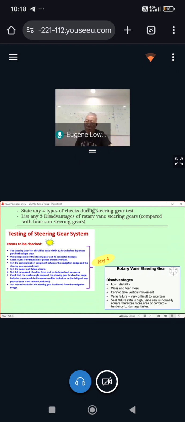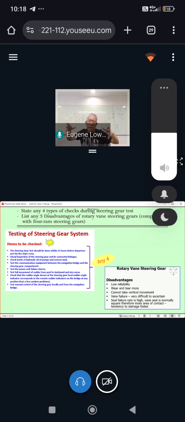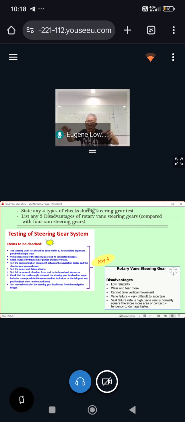And vertical movement, it comes from where? Basically, it comes from the flotation of the rudder, right? The rudder is actually floating. It's hollow inside the rudder. So the rudder can move up and down a little bit, right? So rotary vane cannot take those kind.